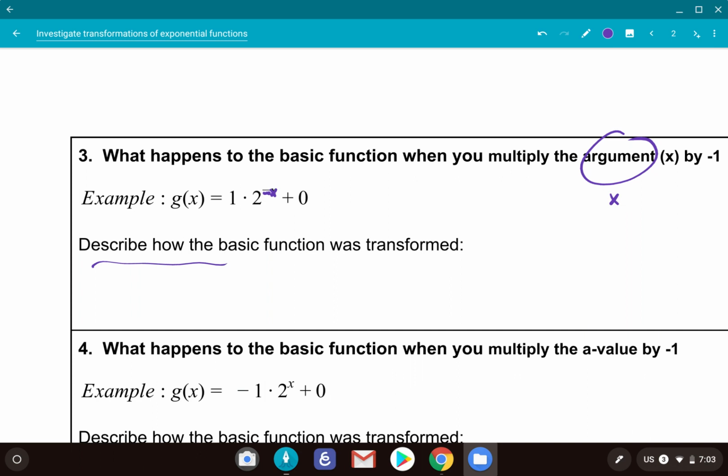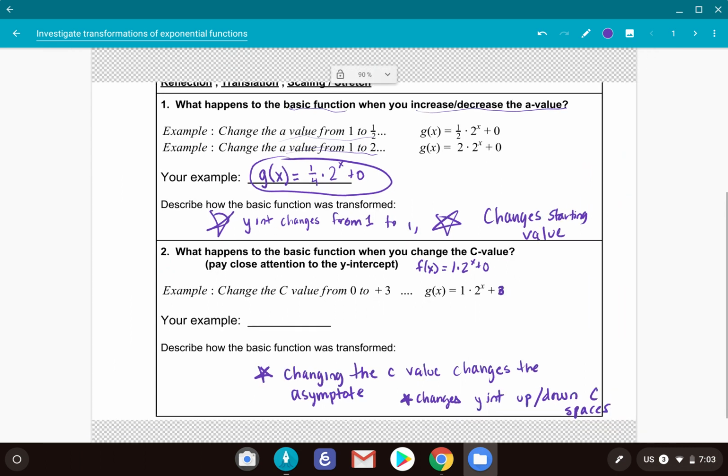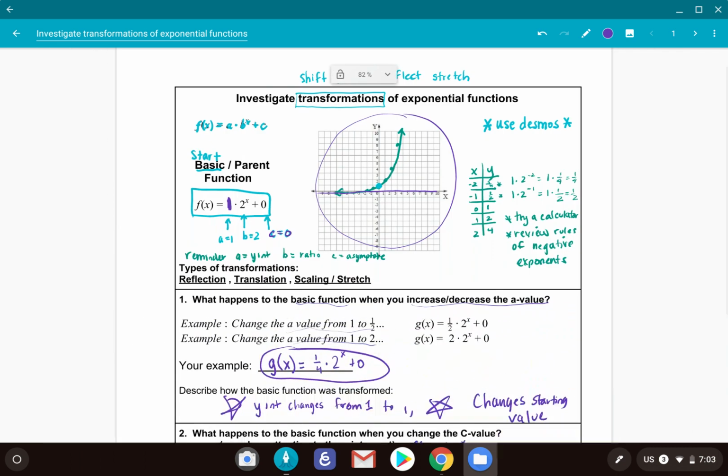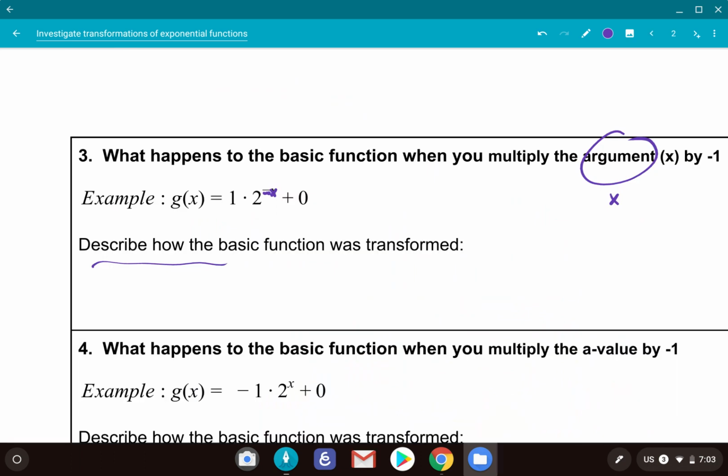Always refer back to this is your basic function that we started with at the top of our paper. When it says compare to basic function, you want to be comparing to this first graph. So when you multiply the argument, the x value, by -1, what happens?